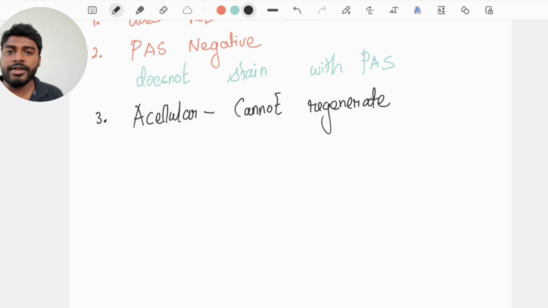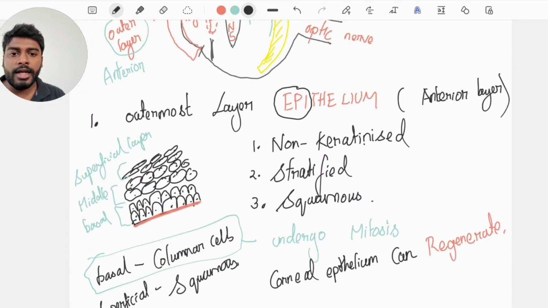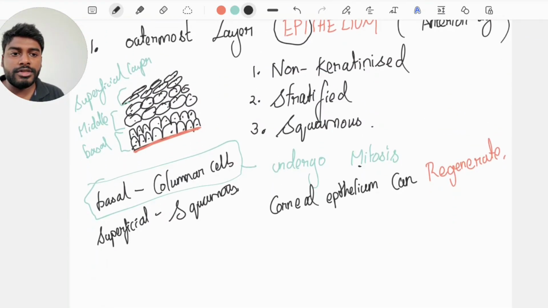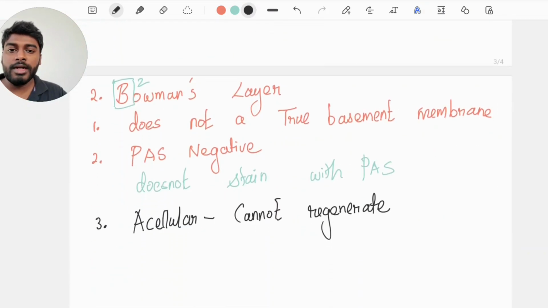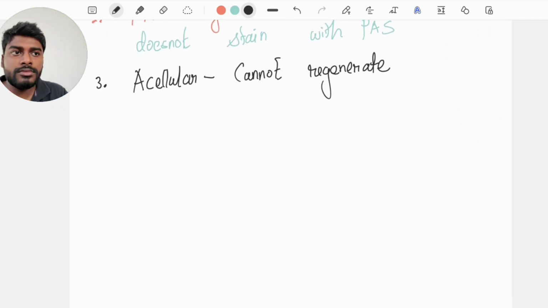If we have a corneal trauma, the epithelium, as we studied, can undergo mitosis, so it can regenerate and heal by itself. But this Bowman's layer is acellular, so it cannot regenerate.